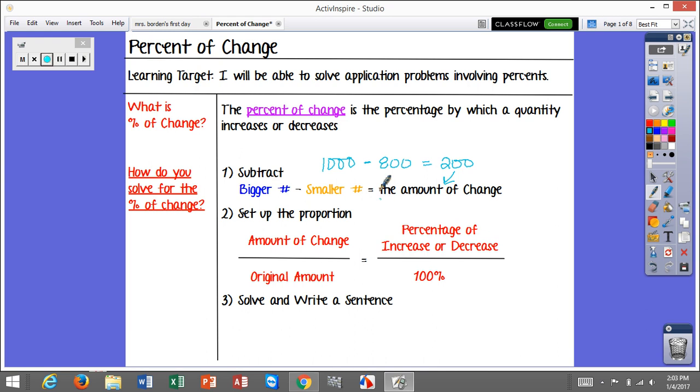So after you have subtracted the original and the new number and you find the difference, you take that change and you set it up over the original amount, and that equals the percentage of increase or decrease out of 100%. Okay? Whatever piece of the proportion you're missing, you cross multiply and divide, and once you get your answer, I want a sentence with the answer in it. Okay? So let's look at some examples.